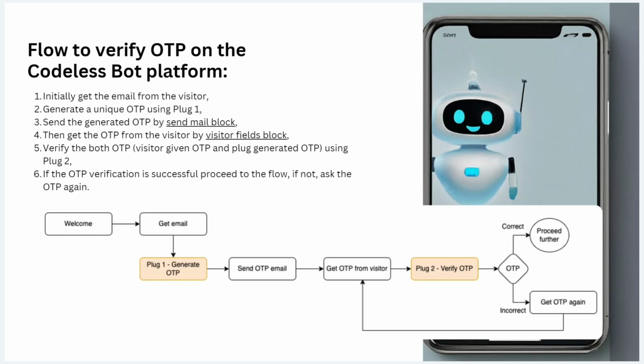The user enters the OTP which he got from his email, and after that, we check both the OTPs, the one generated by our plugin and the one we got from the user. If both of the OTPs are the same, it means the user is authenticated and we move on to the further procedure. Otherwise, if it is invalid, then we again ask the user to resend the OTP and check again.